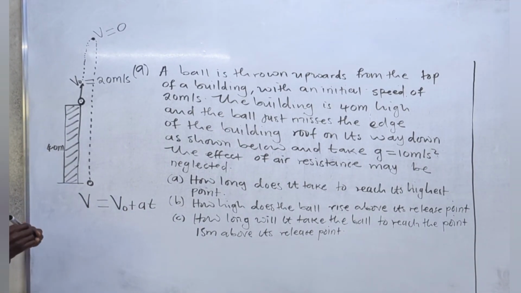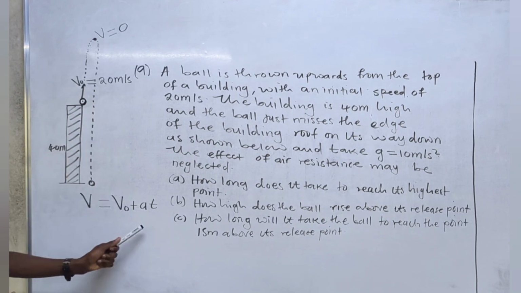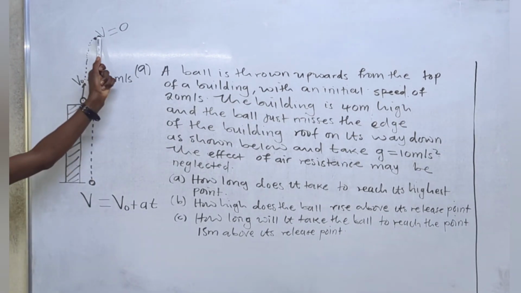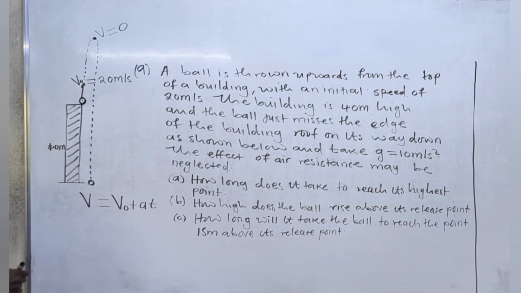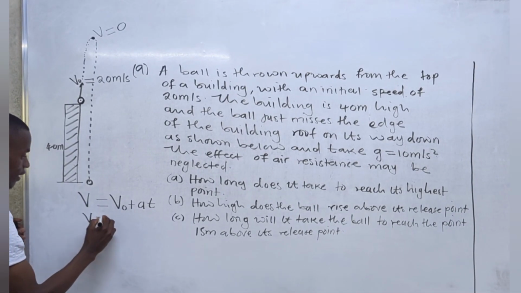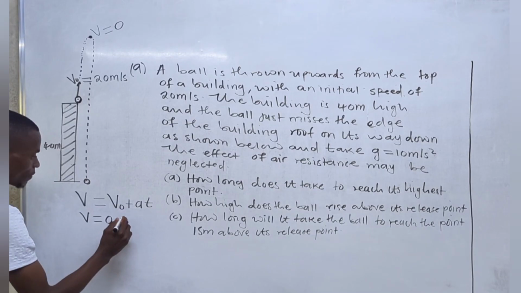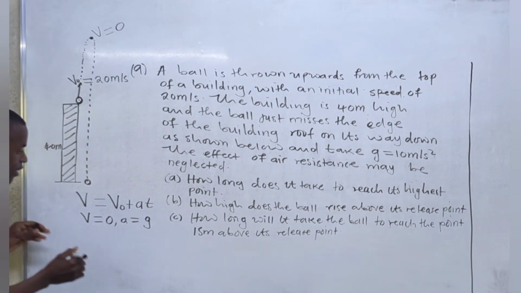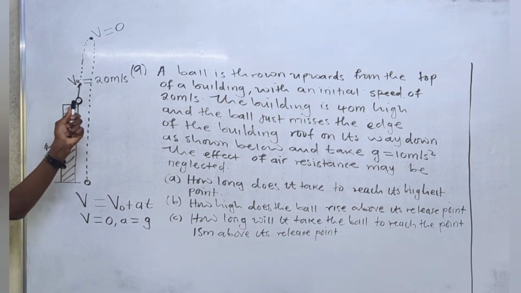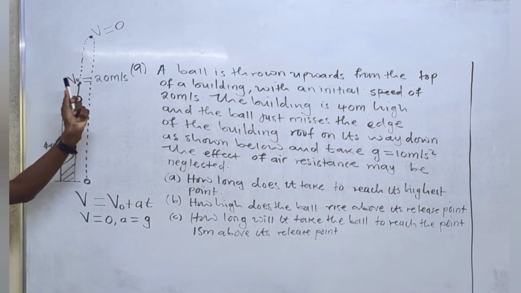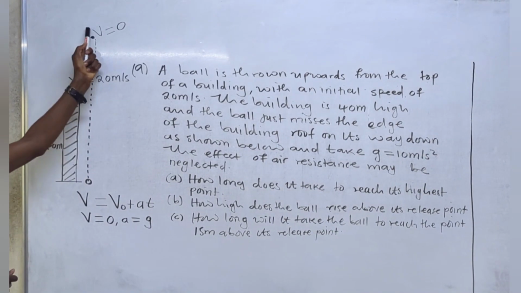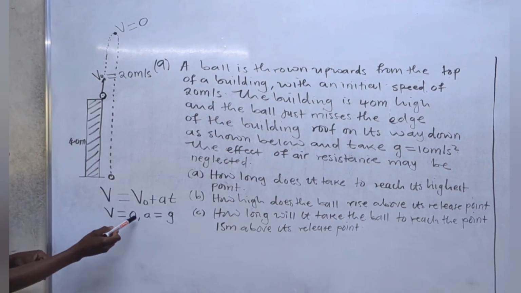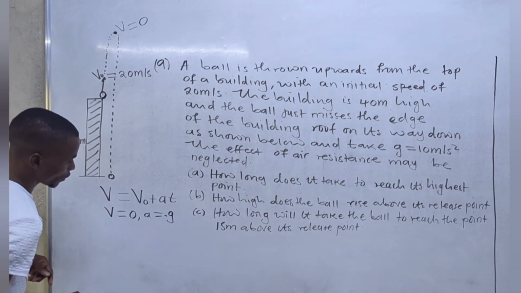Since we are dealing with free-fall motion, where acceleration must be acceleration due to gravity, at the maximum point the final velocity is taken to be 0, meaning v is equal to 0, and acceleration has to be equal to g. Based on the two conditions, when you're moving upwards, g has to be negative. When you're moving downwards, g is supposed to be what? Positive. So in this case, our acceleration has to be negative g.